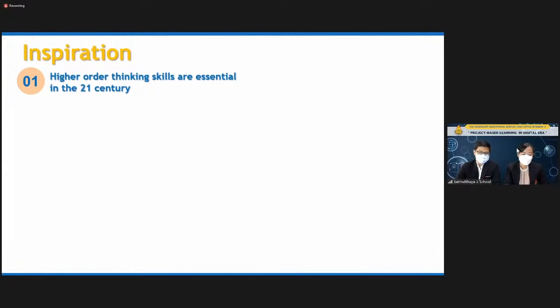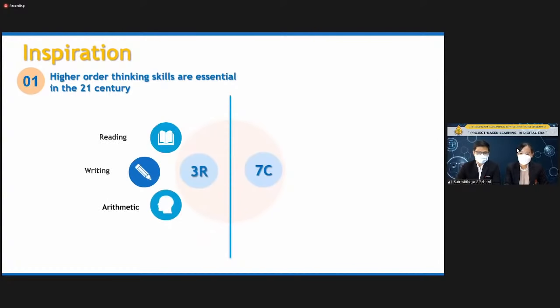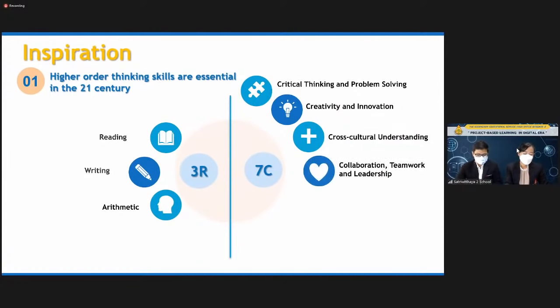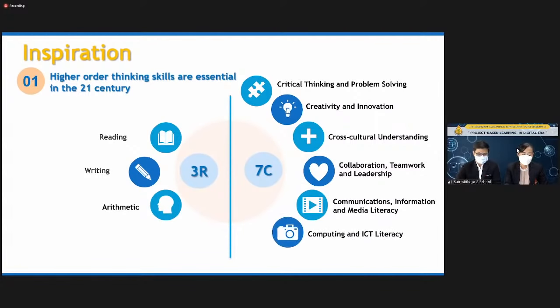Essential skills in the 21st century are 3R 7C. 3R, namely reading, writing, and arithmetic. 7C, namely critical thinking and problem solving, creativity and innovation, cross-cultural understanding, collaboration, teamwork, and leadership, communication, information, and media literacy, computing and ICT literacy, and career and learning skills.